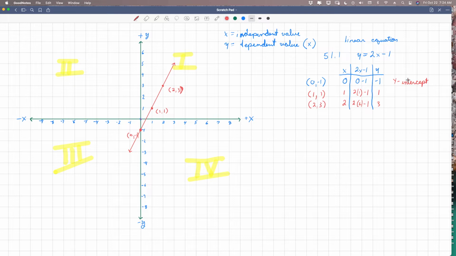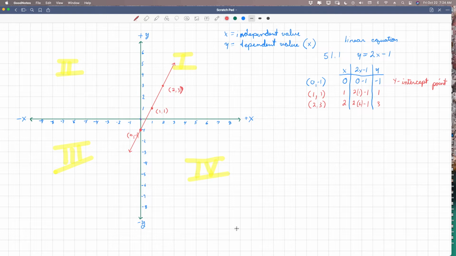We call this the y-intercept because this is where the line crosses the y-axis. Okay, you see this y-axis? Wherever the line crosses the y-axis is our y-intercept point.